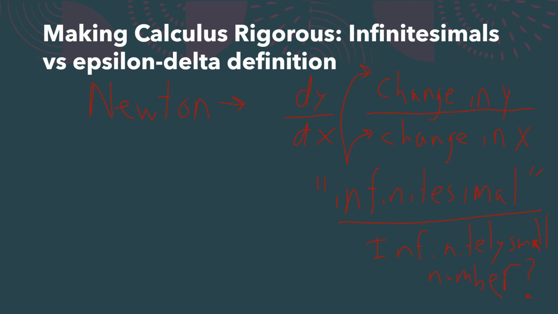So these other people, such as Cauchy and Weierstrass, come along and they say, well, let's avoid this big paradox of infinitesimal numbers, and let's avoid thinking of it equaling 0.